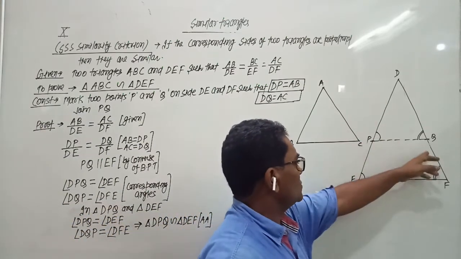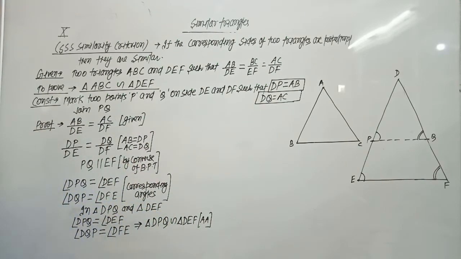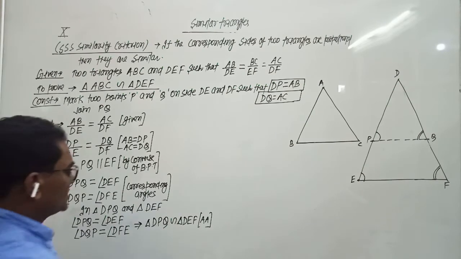Triangle DPQ is similar to triangle DEF by AA corollary, and name it the first equation.